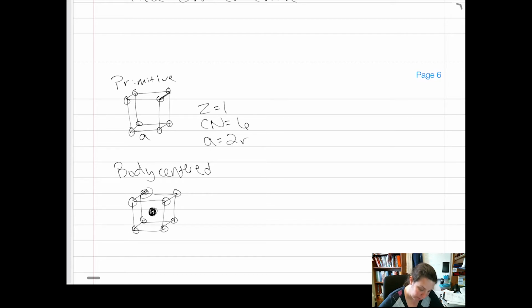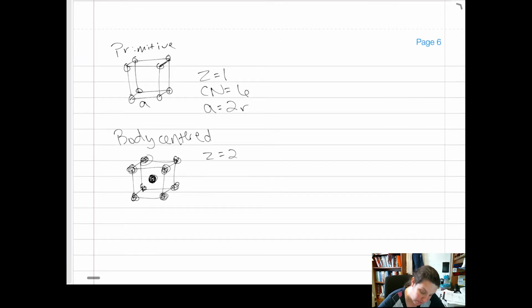They're all the same. Don't let my shading confuse you. So we have one atom for the 8 corner pieces, and then we have 1 in the center, so Z is equal to 2 in this case. So our number of atoms within here are 2. Our coordination number is equal to 8. And our A, which is right here, is equal to 4R over the square root of 3.